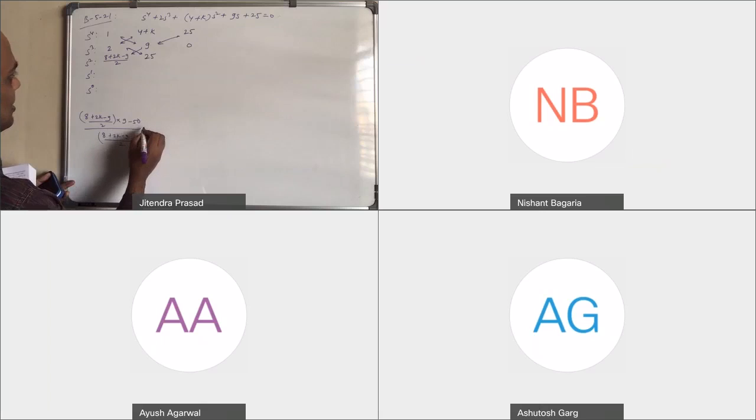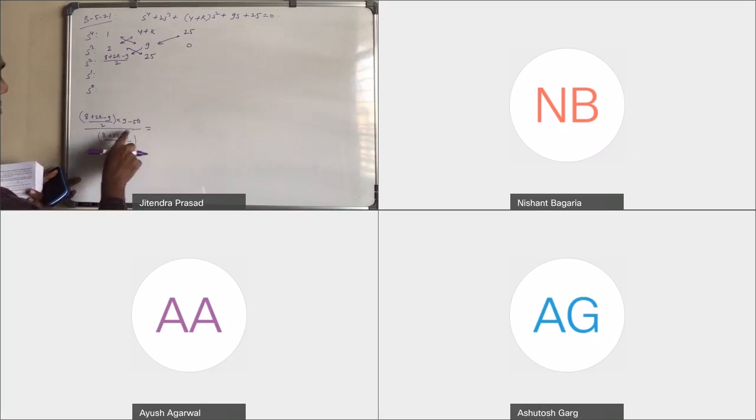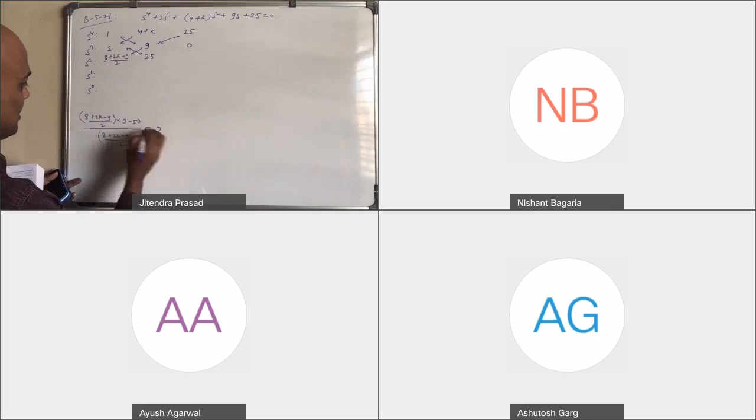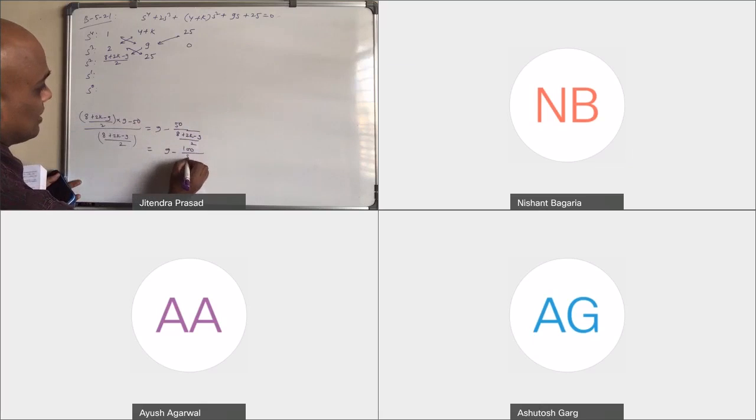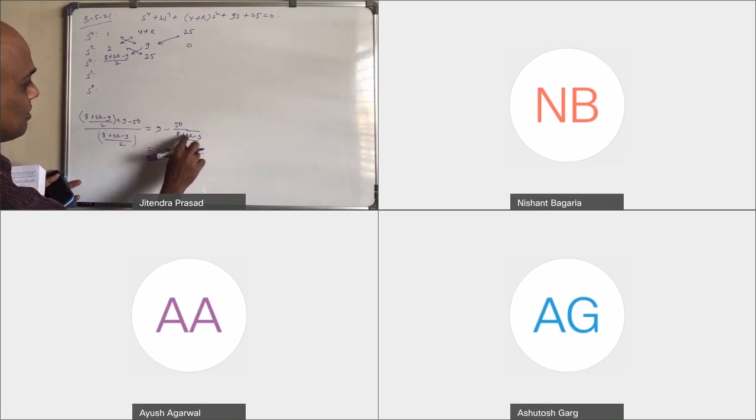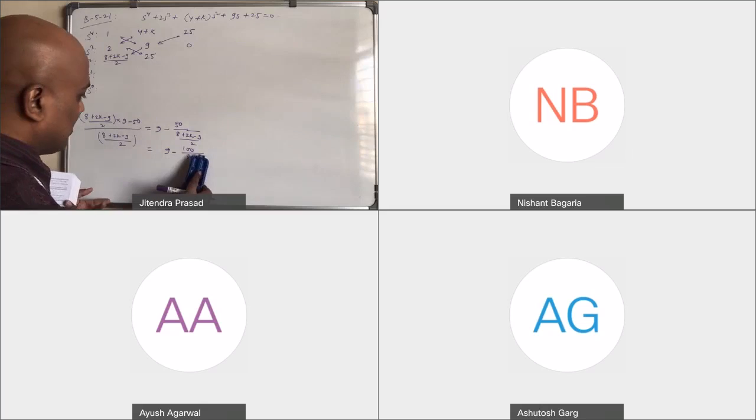So we can work out here. And the value in this case will be, you can just divide here, so it becomes 9 only. 9 minus, and we have 50. Okay, 9 minus 50 divided by 8 plus 2k minus 9 divided by 2, which will be 9 minus 100 divided by 8 plus... here we can simplify further.